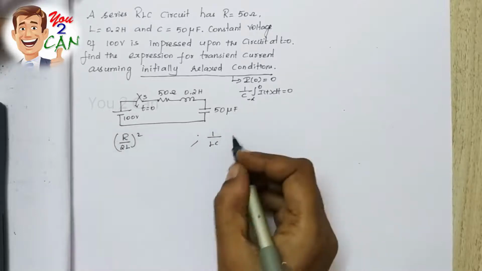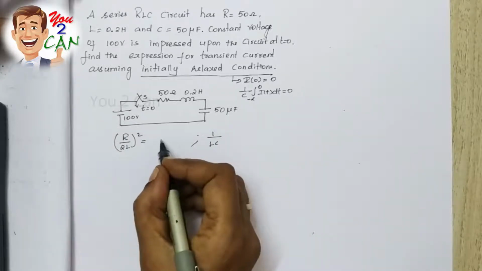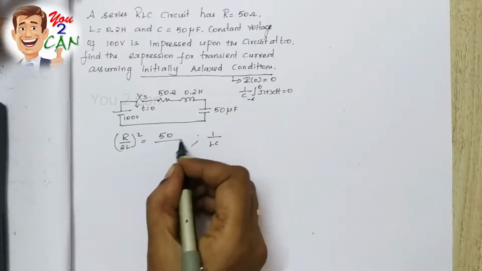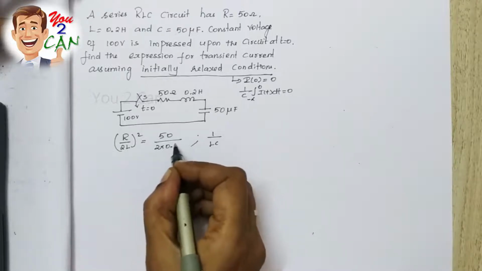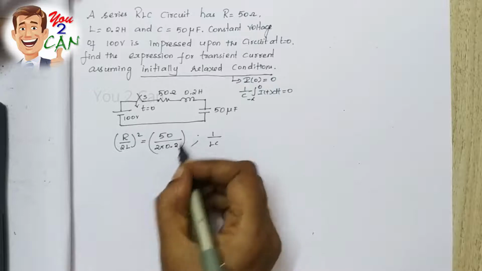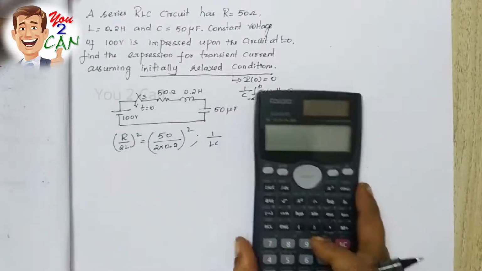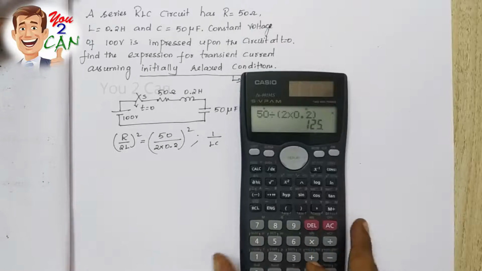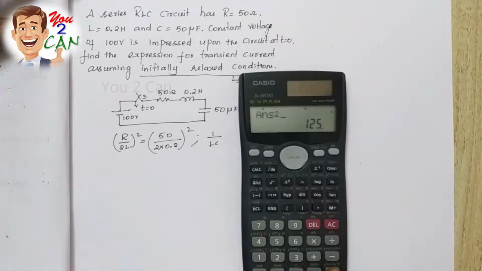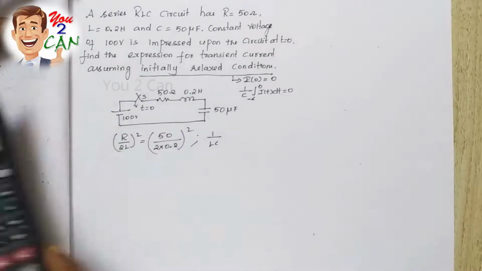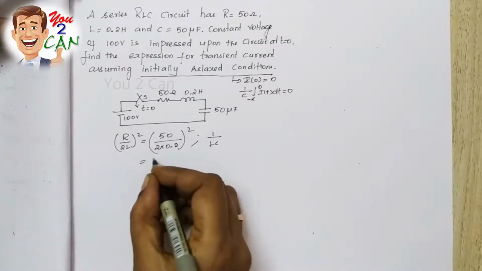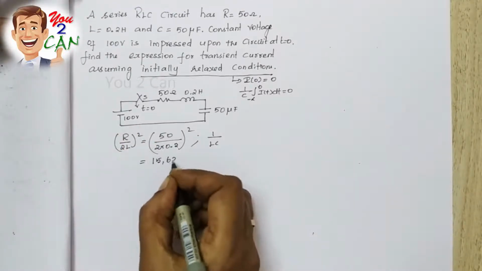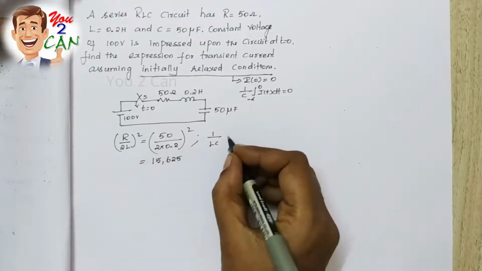What is (R by 2L) the whole squared? 50 divided by 2 into 0.2, which will be 125, the whole squared, that is 15,625. So this is 15,625.